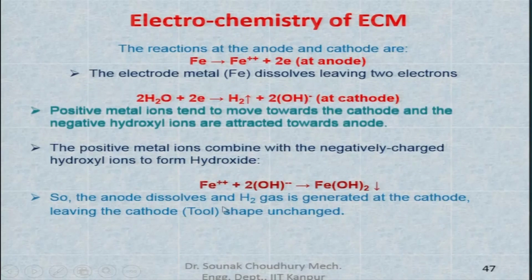So, the anode dissolves and hydrogen gas is generated at the cathode, leaving the cathode shape unchanged. This is one of the biggest advantages of electrochemical machining, that the tool does not wear out. We can use the tool, let us say, of copper material, for a very long time, because there is almost no wear of the tool. So, this is one of the advantages of the process.